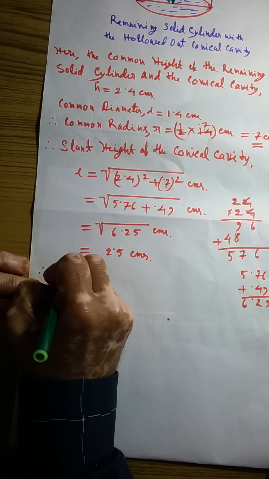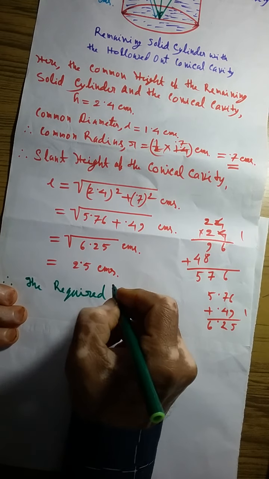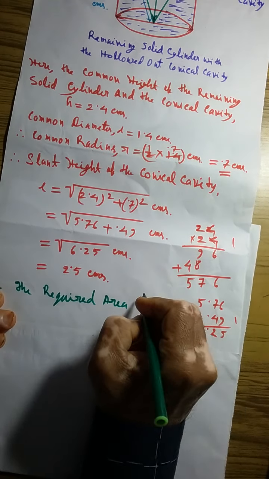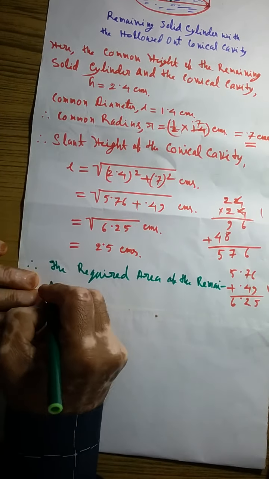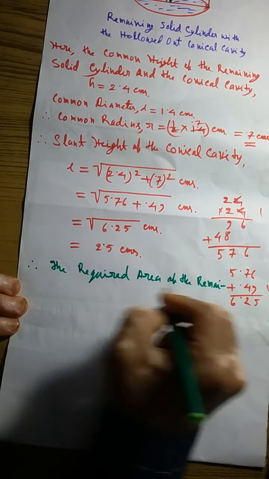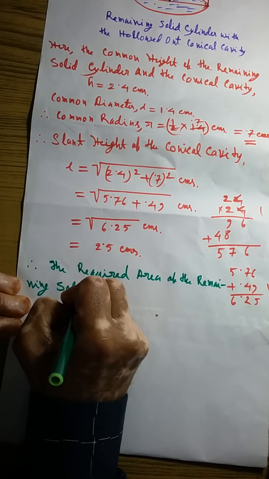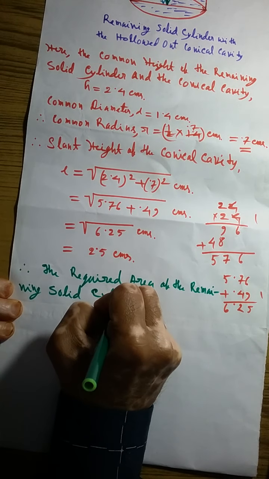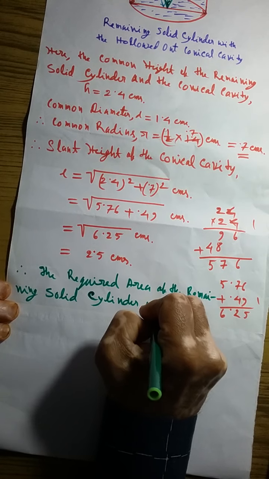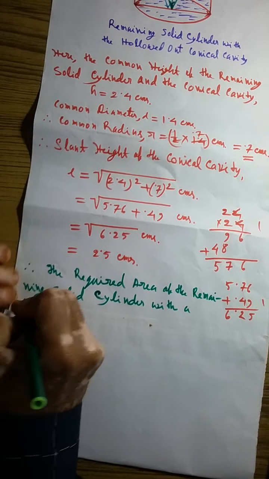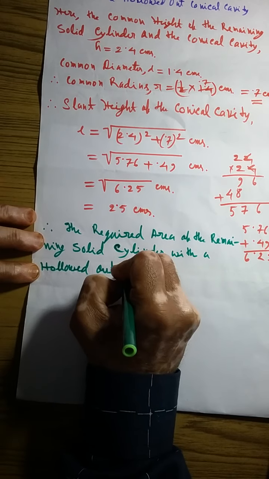Therefore the required area of the remaining solid cylinder with a hollowed out cavity.